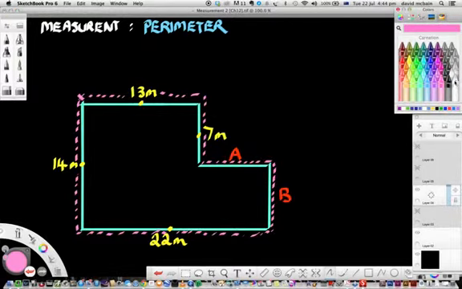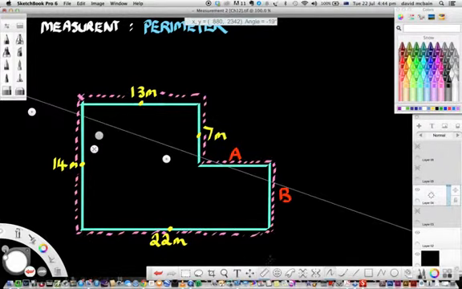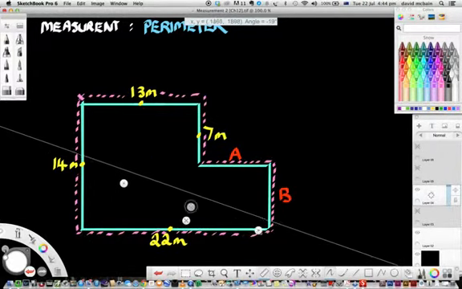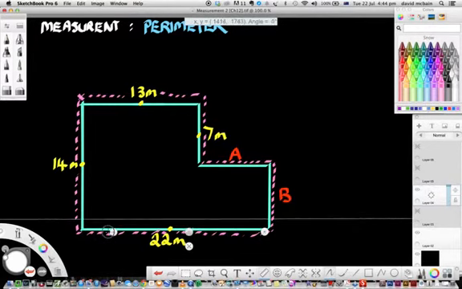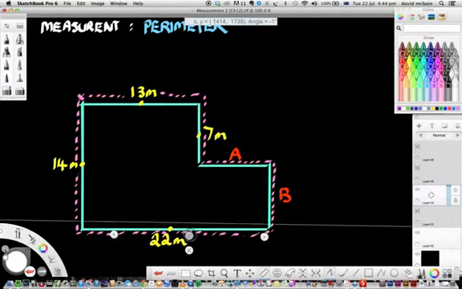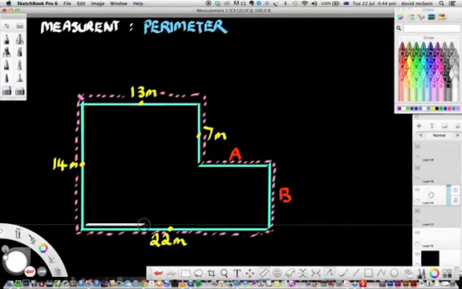If you imagine, think about this side here. I'll use my ruler, I think. So this side here, that's 22 metres from there to there. It's 22 metres.